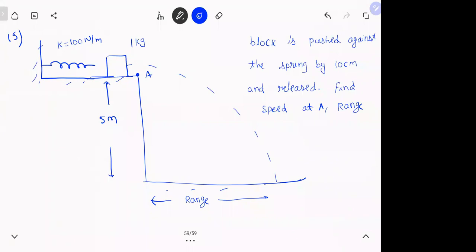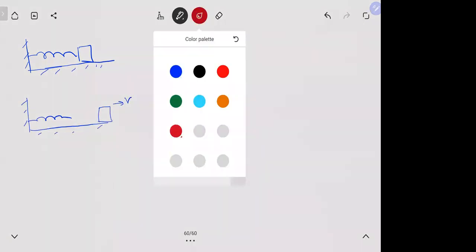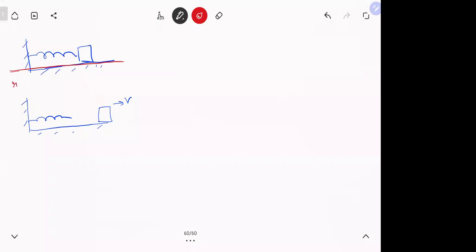See, this is a spring when it is compressed, and when the block is about to fly. So this is my reference. This is my state 1.